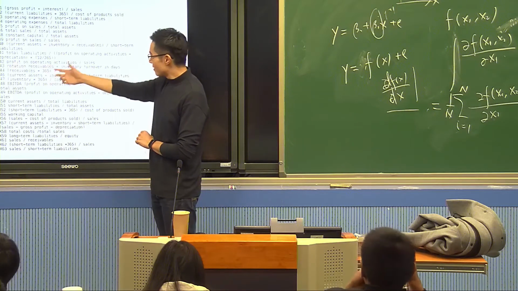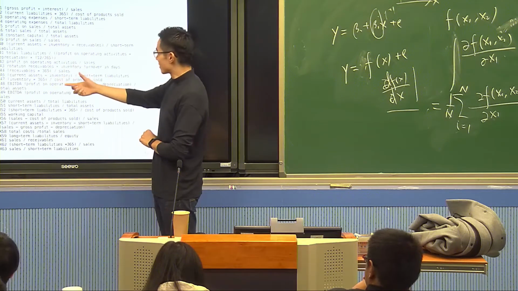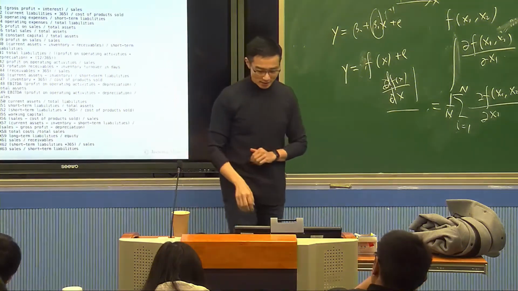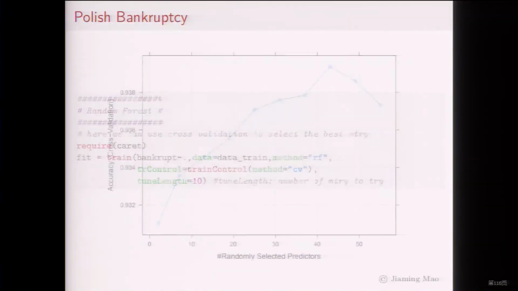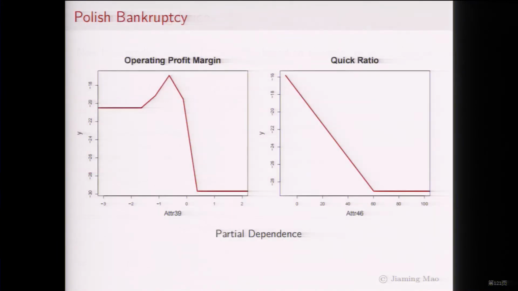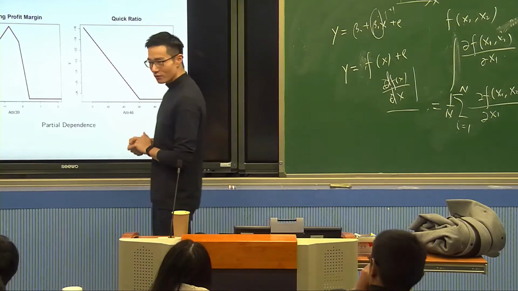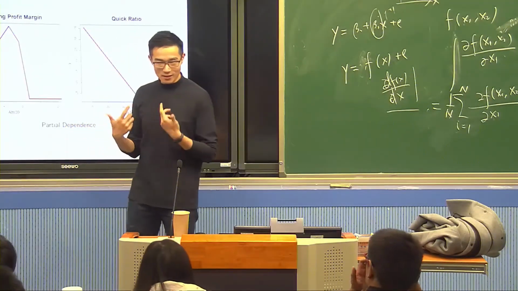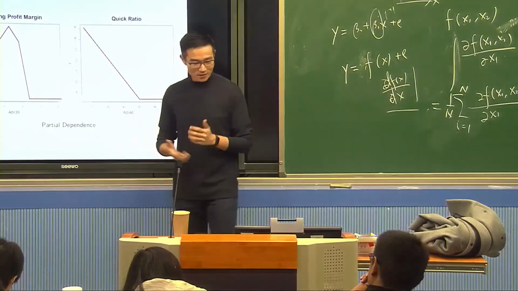So it's essentially current assets, no inventory, divided by short-term liability. What is it? The first one is basically the margin of profit. Your profit divided by your sales is your operating profit margin.